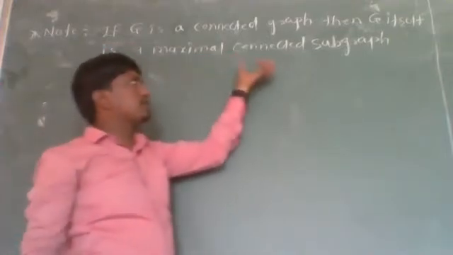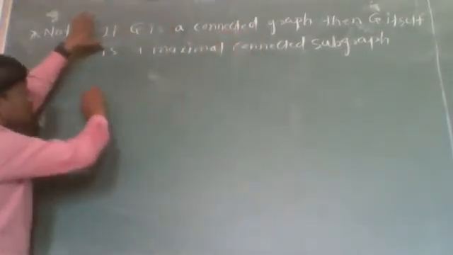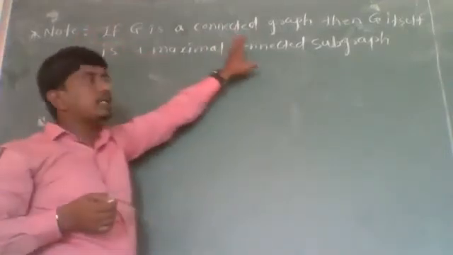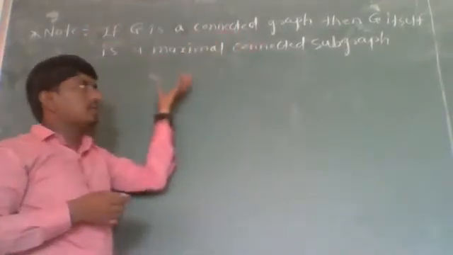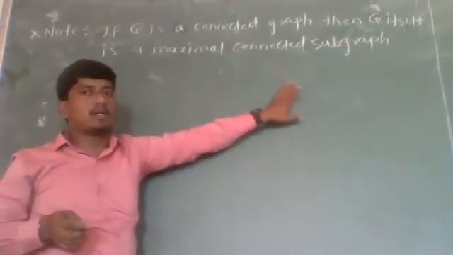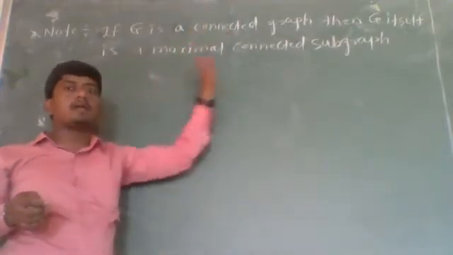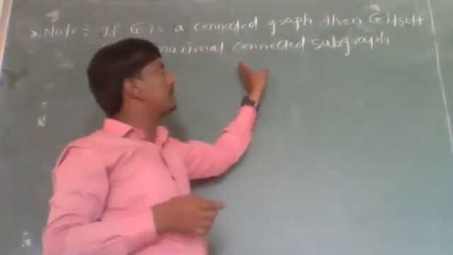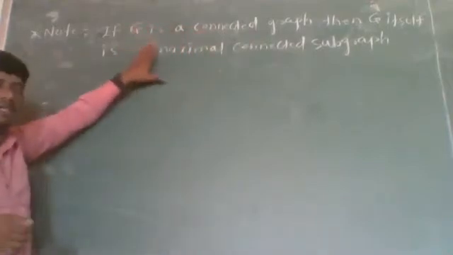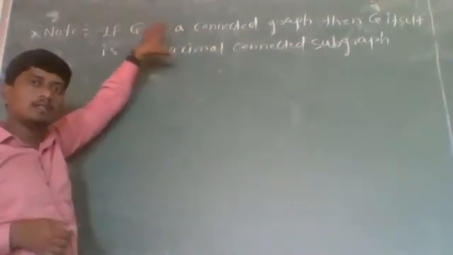Since there does not exist any connected subgraph which properly contains it. A maximal connected subgraph is nothing but a connected subgraph which is not properly contained in any other connected subgraph. As G itself is a connected graph, it is not properly contained in any other connected subgraph. So G itself is a maximal connected subgraph. That is, G is nothing but the component of a graph G.